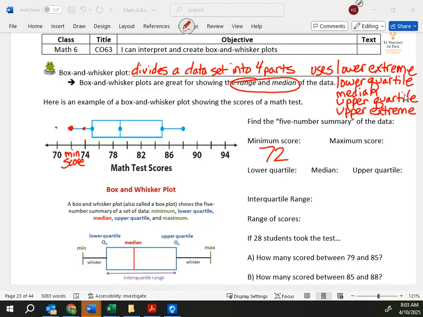Going off of that, where do you think our maximum score would be? Adeline? On the other side, what number would this be? 88. Yeah, so we have an 86 here, that's too low. Our 90 is here, that's too high. This is at the one right in the middle, so it would be 88.